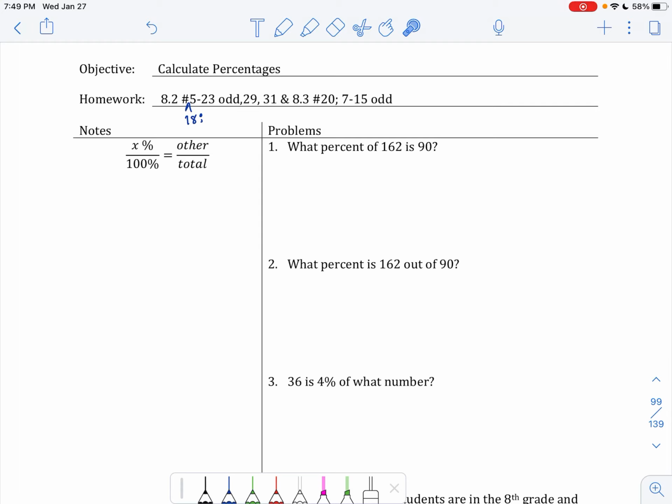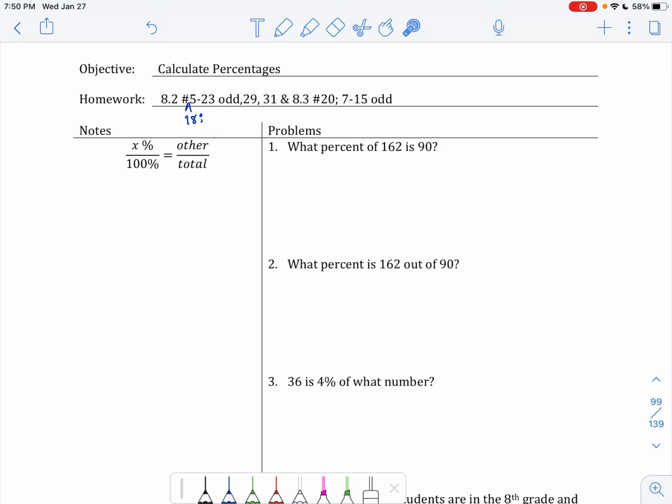So when you calculate with percentages, there are definitely problems that you don't need to use a formula for. Some of you will be able to say, oh, well, if this is 100% and this is 90%, I can do some neat tricks, which is absolutely great. Just like with the example from yesterday, you can use tricks.